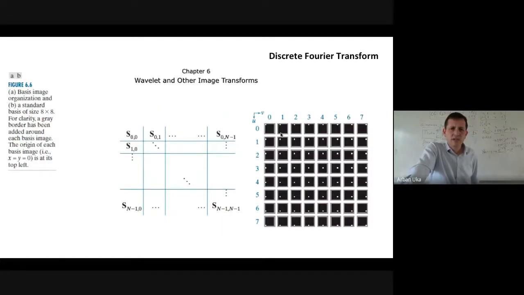But now let's see this other slide. What we see here is the discrete Fourier transform, as you can see at the top of the slide. You know what the kernel is: e to the power 2 pi times i, the complex number, times 1 over n, times n minus 1.